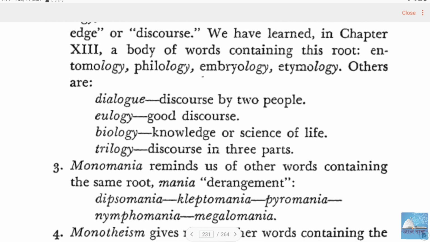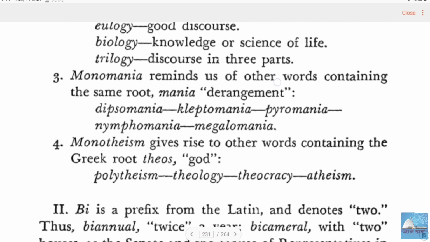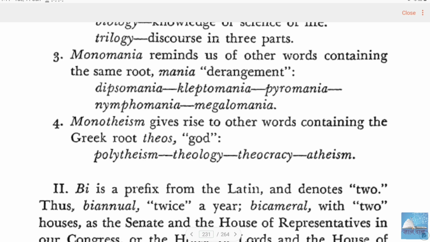Others are dialogue, discourse by two people; eulogy, good discourse; biology, knowledge or science of life; trilogy, discourse in 3 parts. Monomania reminds us of other words containing the same root: mania, derangement. Dipsomania, kleptomania, pyromania, nymphomania, megalomania.